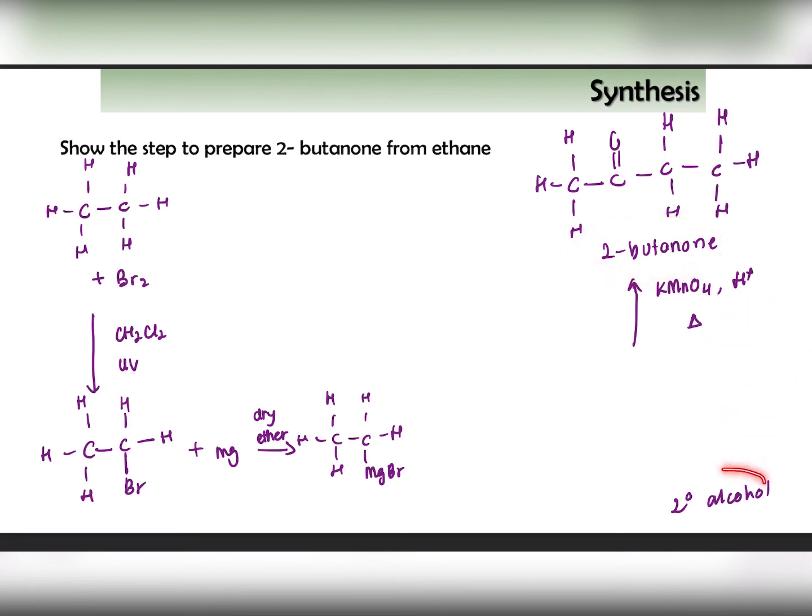You know that a secondary alcohol with any oxidizing agent will produce a ketone. So here, this part, you just make it C-OH, H. So there you go, your secondary alcohol.